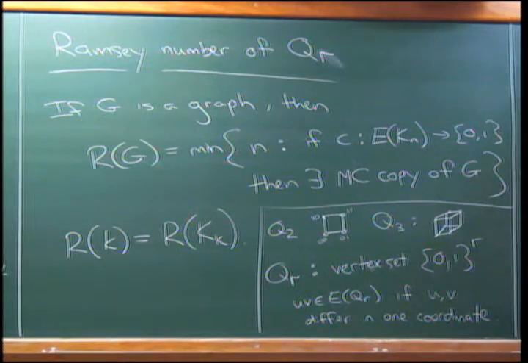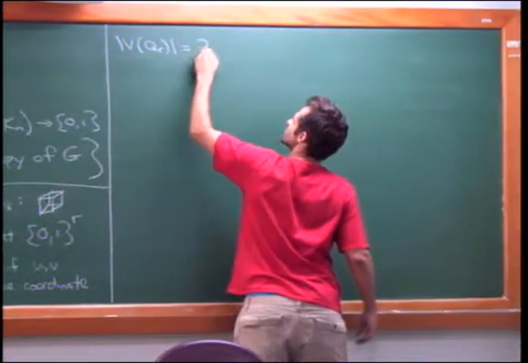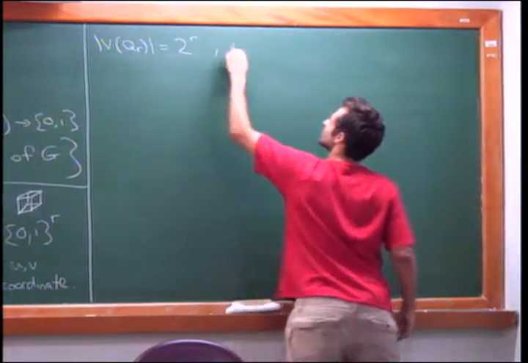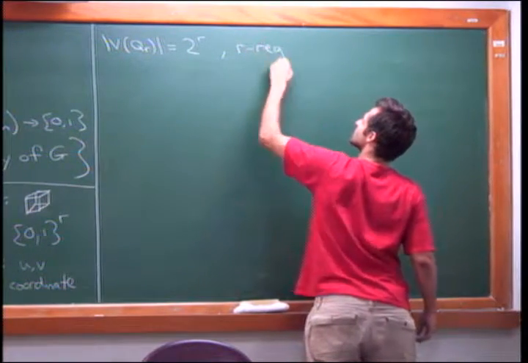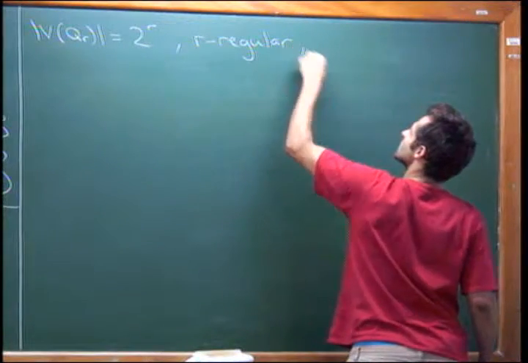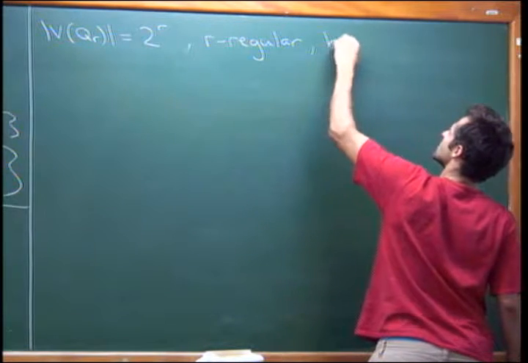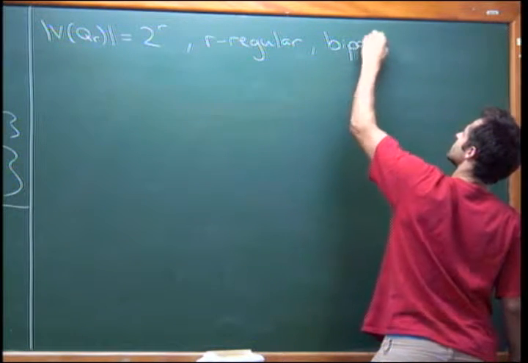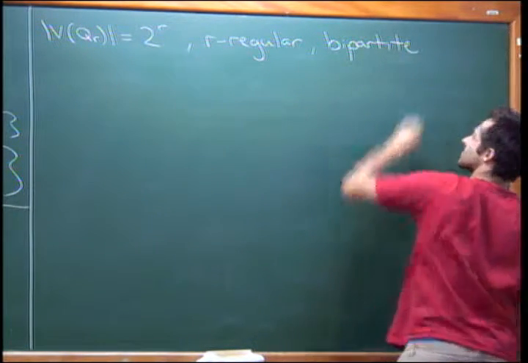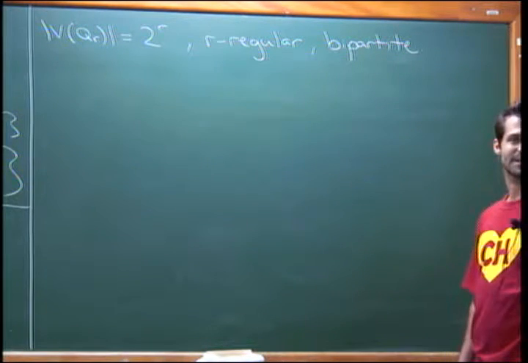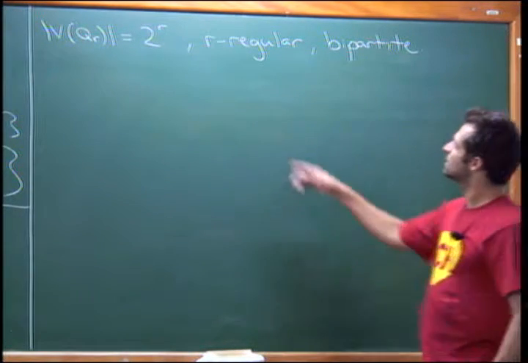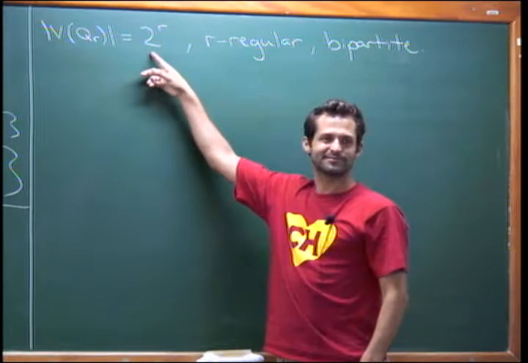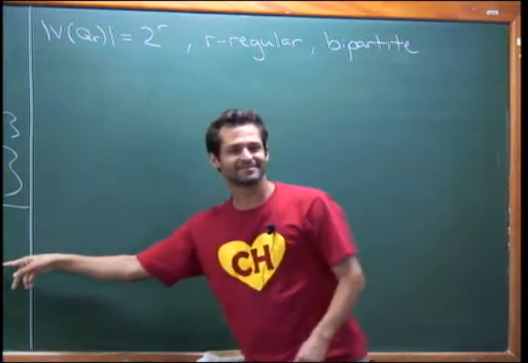The number of vertices of Q_r is 2 to the r, it's r-regular, and it's bipartite. So, this one is clear, right?